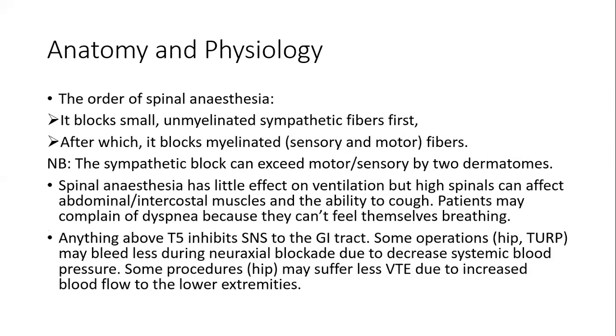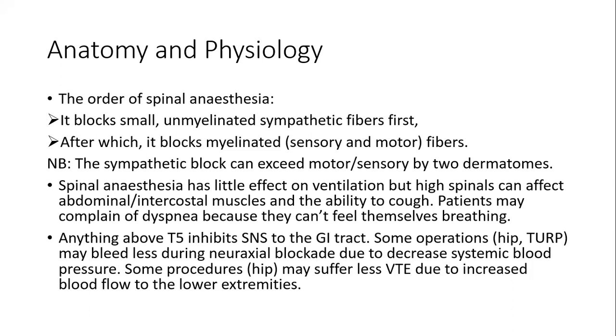All right, so in terms of anatomy and physiology, again, we're going to look at the order of spinal anesthesia. Once you inject your local anesthetic agent into the subarachnoid space, the first fibers that are blocked are the small unmyelinated sympathetic fibers.